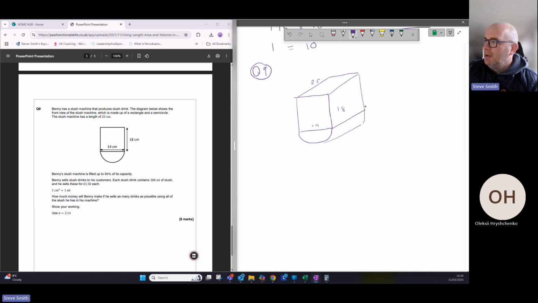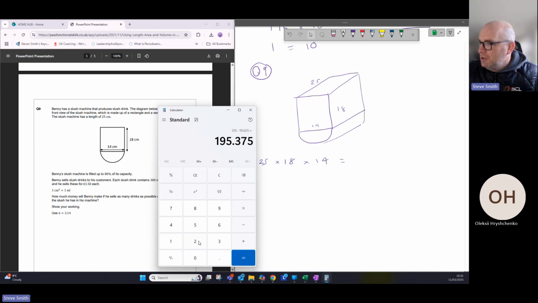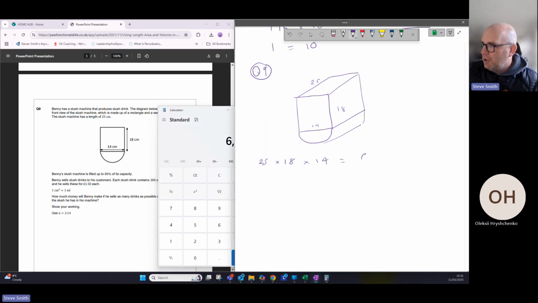That's why that 18 is really important, because we've got 25 along, then the 18, that's the height, and then the 14 along. So we've got our rectangular shape, which is the cuboid. So let's go 25 times 18 times 14. If I've completely gone down the wrong line, then I apologize for confusing people.